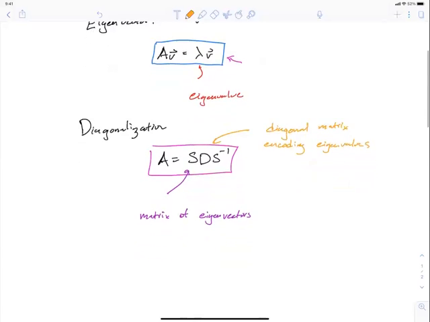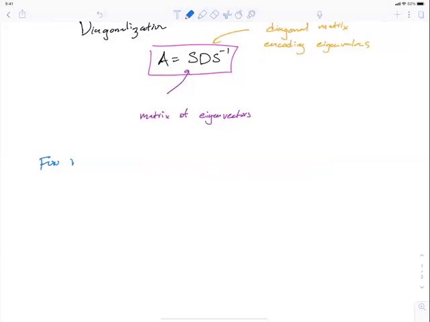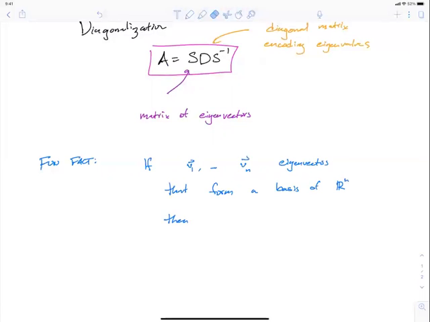All right, so the fun fact we're going to focus on today is that if you have a bunch of vectors, v1 through vn, that are eigenvectors that form a basis of Rn, then A is diagonalizable.